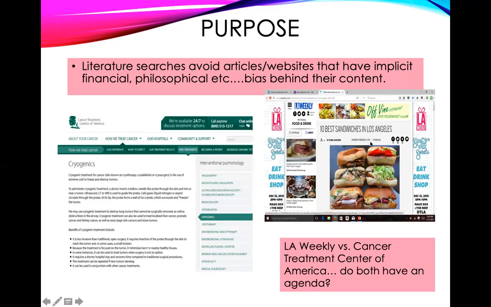And so in a previous video, I looked at Cancer Treatment Centers of America and the LA Weekly, and they seem very different. Cancer Treatment Centers of America, great place. I don't have anything bad to say about them, but I will say that they have an agenda. These are places that are generally away from the people in your normal network. They are a specialty hospital. There's different charges associated with that. They have some concierge service.